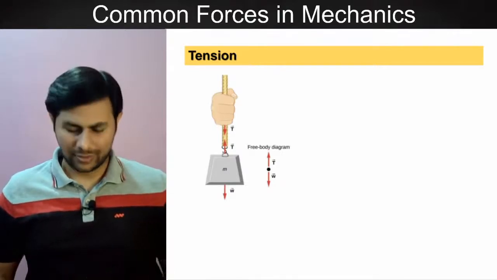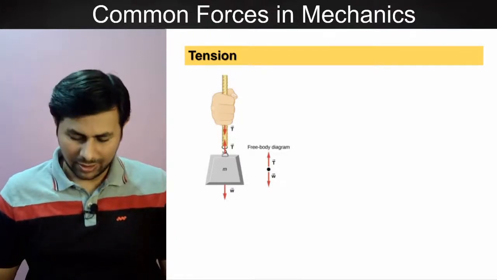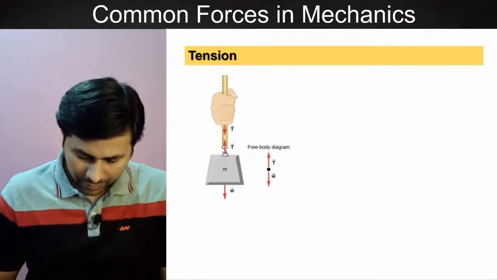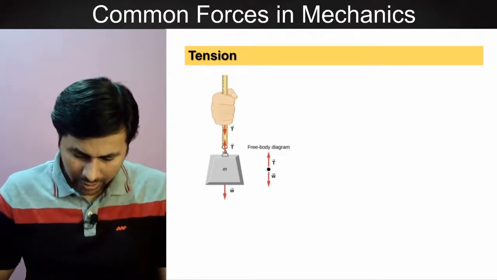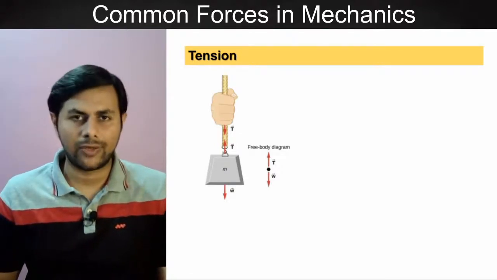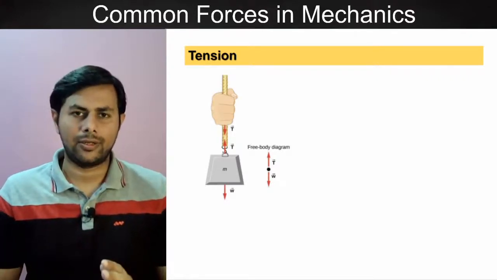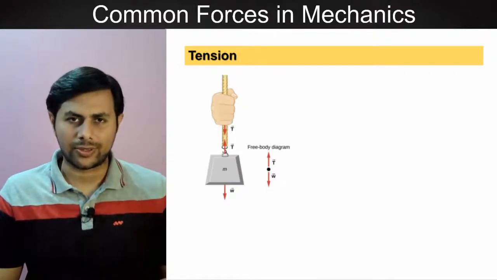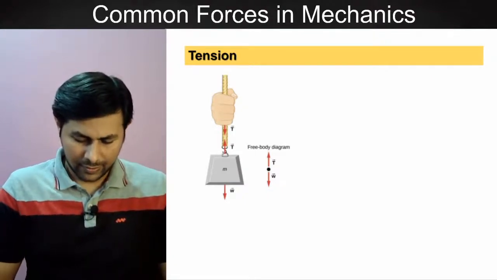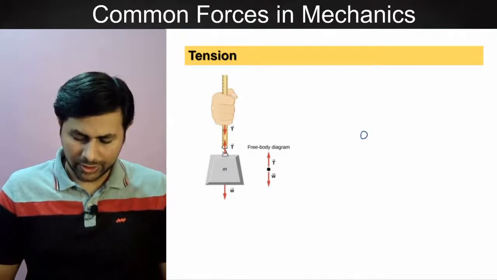All right, so what can be the origin of the tension in the string? Let's talk about origin. At the molecular level, everything is made up of atoms or molecules. The ropes are made up of molecules, which in turn are made up of atoms.